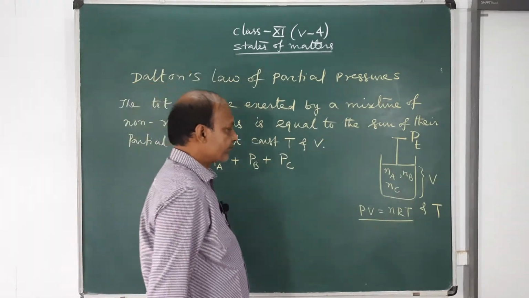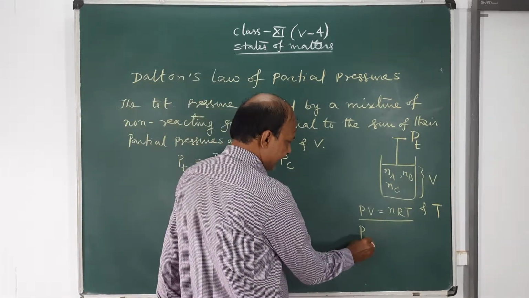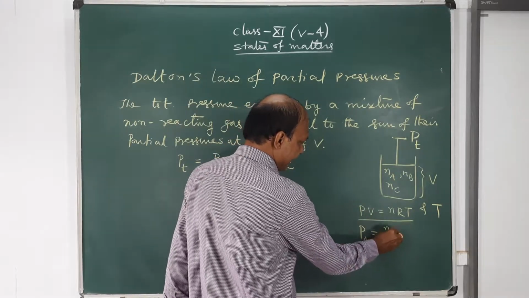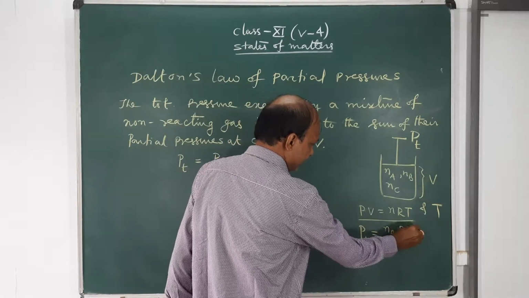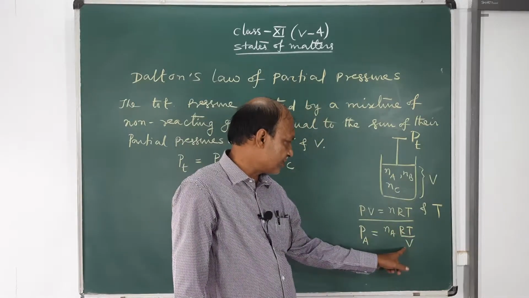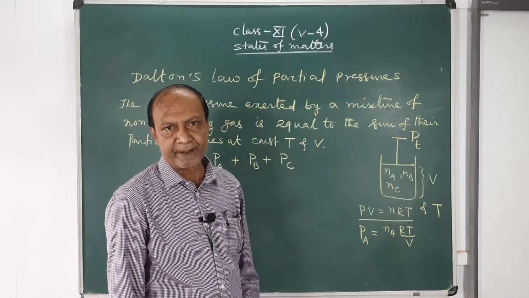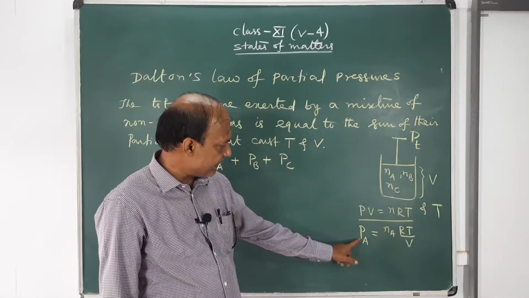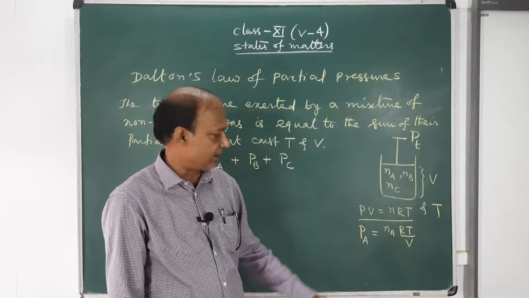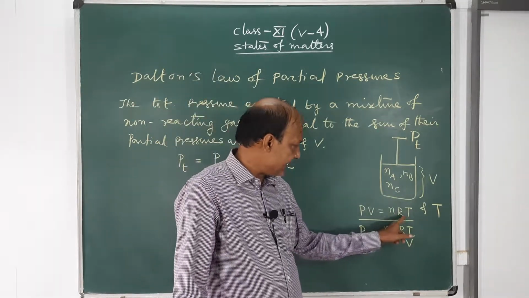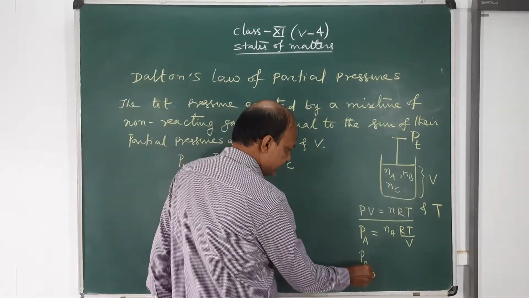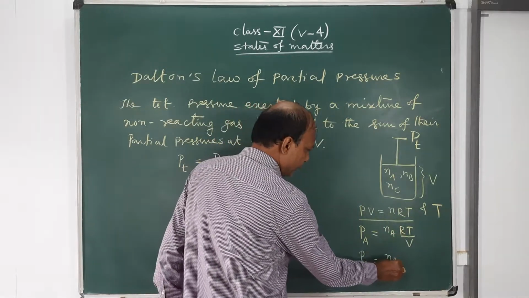The pressure exerted by gas A equals Na into RT by V, because temperature and volume are constant and only the number of moles differ. This individual pressure, or partial pressure, equals Na RT by V. Similarly, the partial pressure of B is equal to Nb into RT by V.